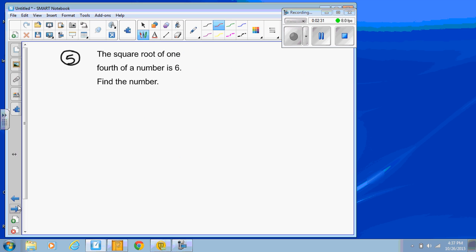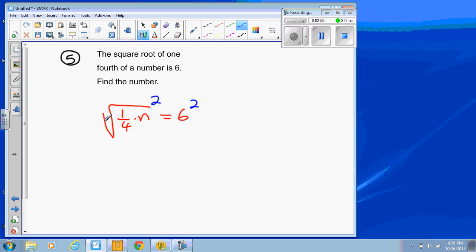Now I got a little challenge with number 5 because it's a word problem. But I'm going to rewrite this as the square root of 1/4 of a number. The square root of 1/4 of, which means times, n is 6. So I get rid of the square root sign by squaring both sides. So if I square this, I must square this over here.